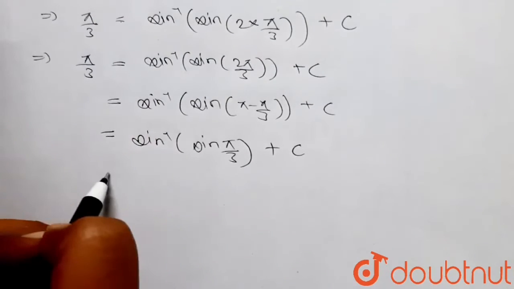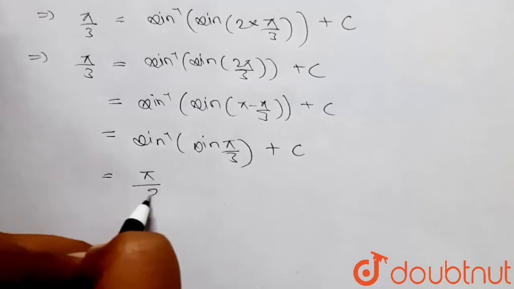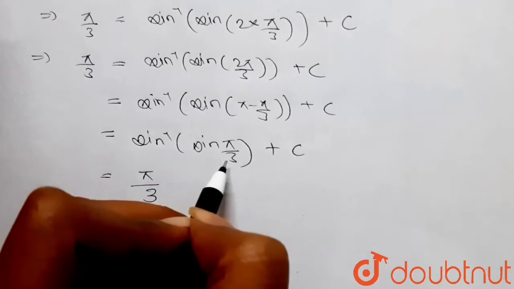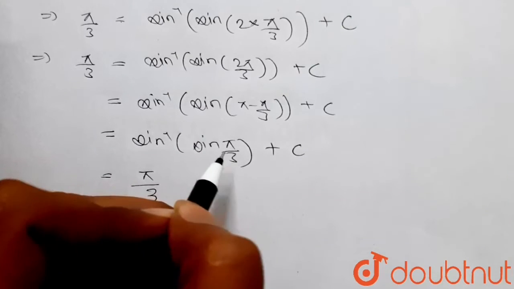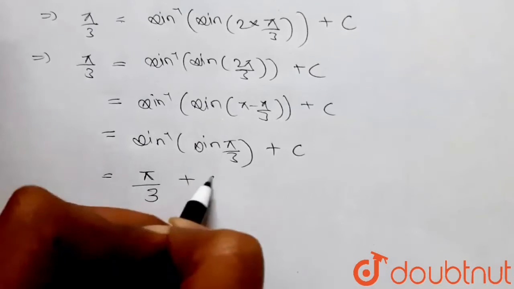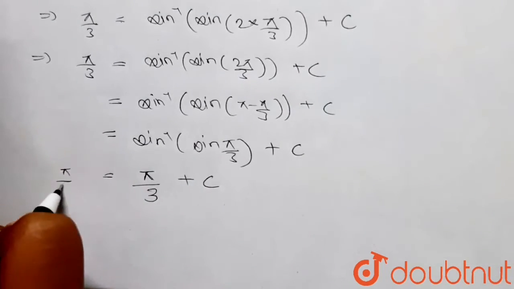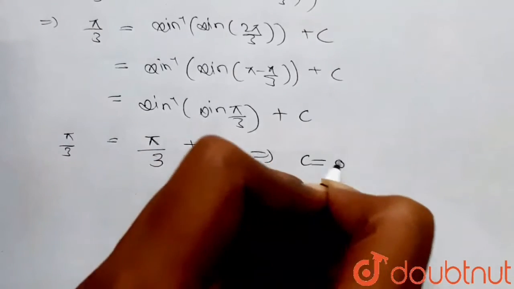And then this sine inverse sine theta can be written as theta, because sine inverse sine theta, when theta is between minus pi by 2 and pi by 2, can be written as theta again. So this will become pi by 3 plus c equals pi by 3, right? So from here we can say that the value of c is actually equal to 0.